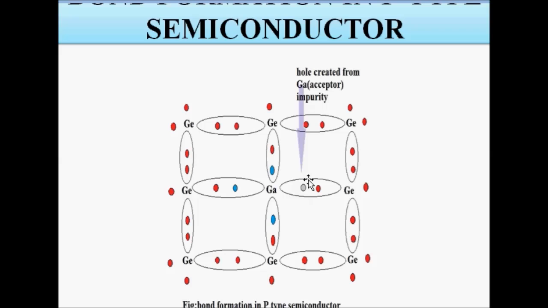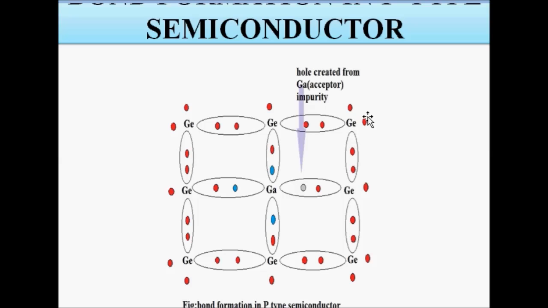The hole is nothing but the absence or deficiency of an electron in the covalent bond between the trivalent impurity and the semiconductor atom. These holes act as powerful attraction sites for neighboring electrons.